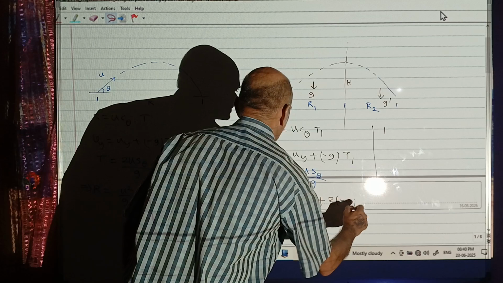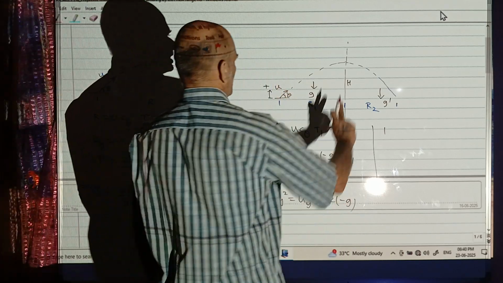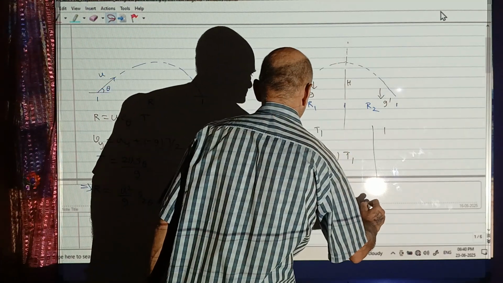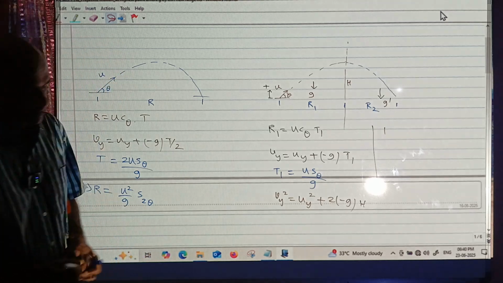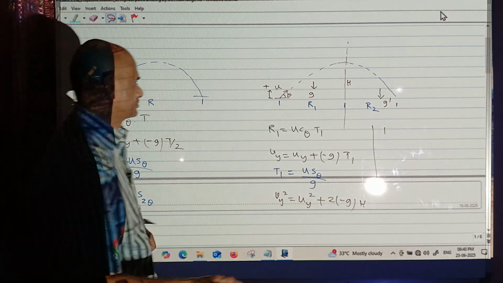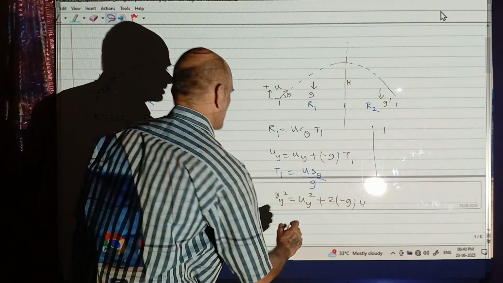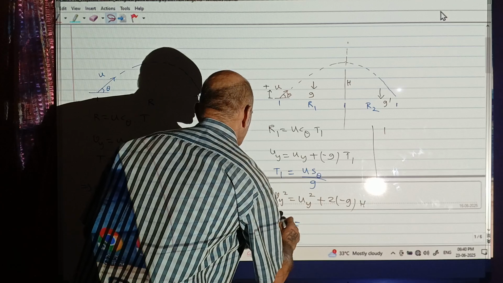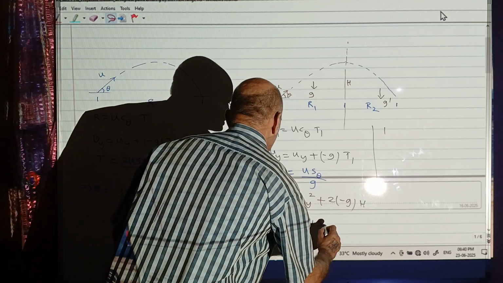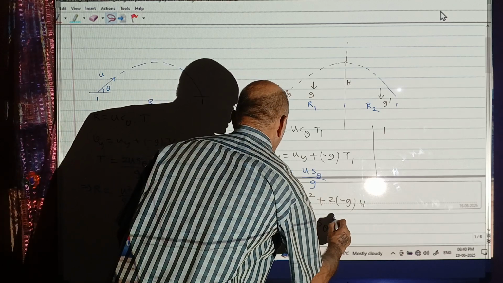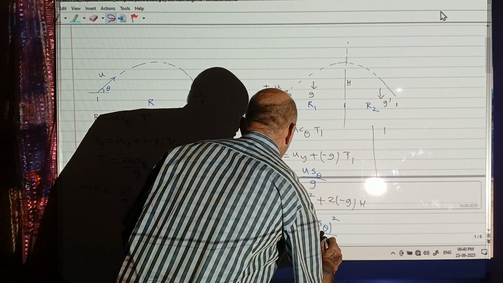Here a is minus g because the upward direction is positive, and S between these 2 points is H. So that will give H, as Vy at this point is 0, as H equal to u sin theta square by 2g.